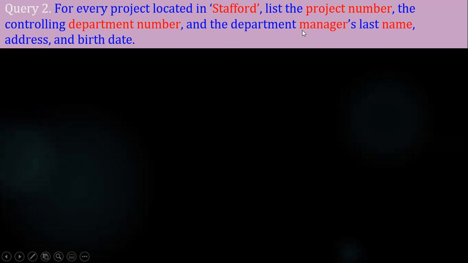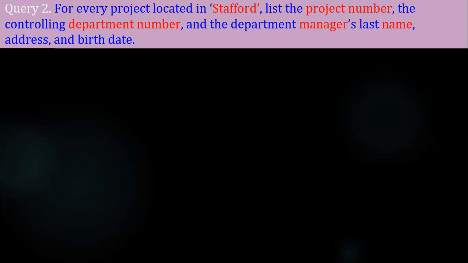What details of the manager do we need? We need the name, address and birth date of the manager. So what is the question here? We need to find the name, address and birth date of that manager who is controlling the projects located in the city Stafford.